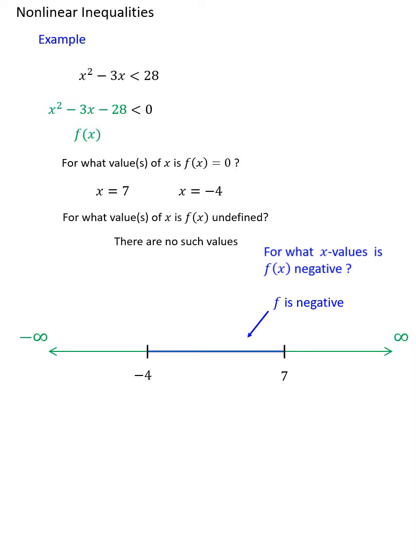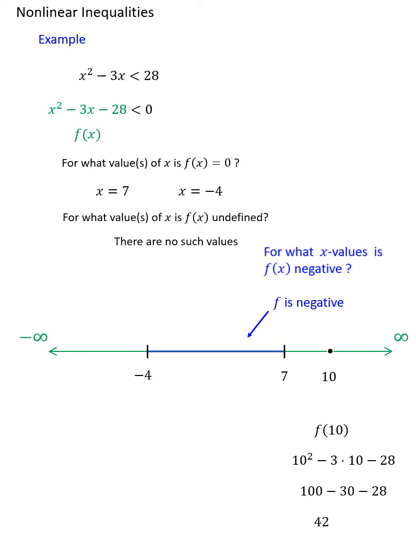But we haven't tried anything outside of this interval, so let's sample a few points there. Let's randomly just choose 10 as a test point. If you plug 10 into the function, arithmetic will show that you get a positive answer. But we're looking for all places where the function is negative as a solution to our inequality.